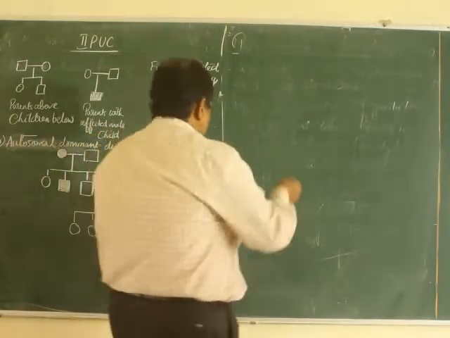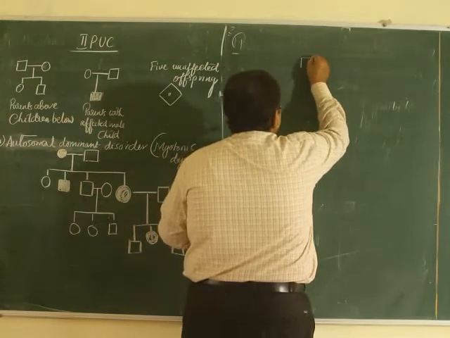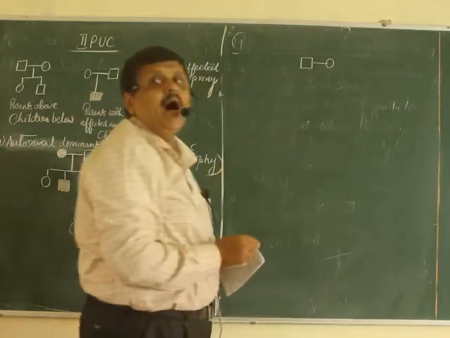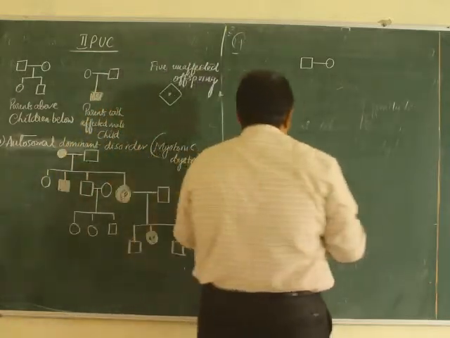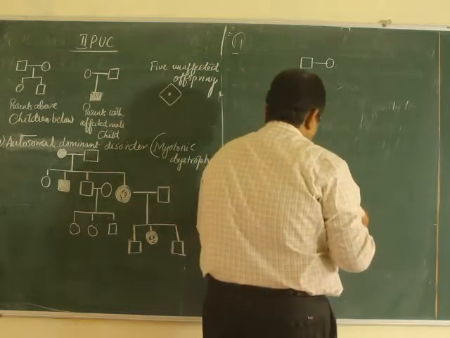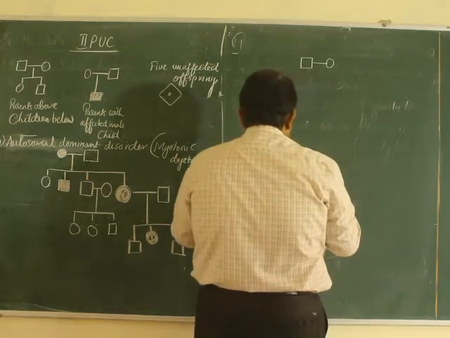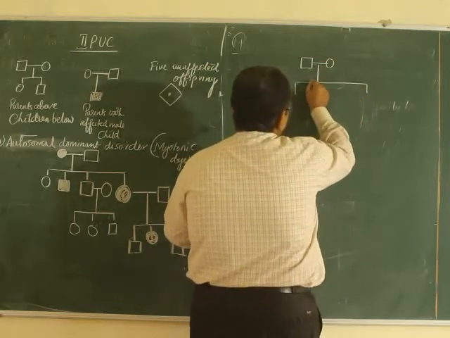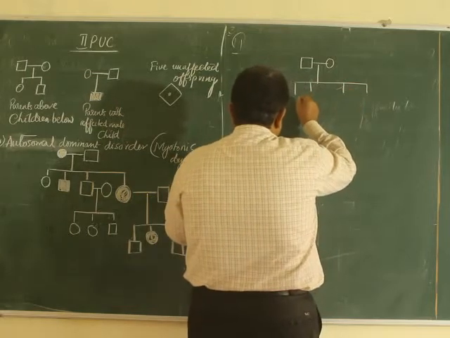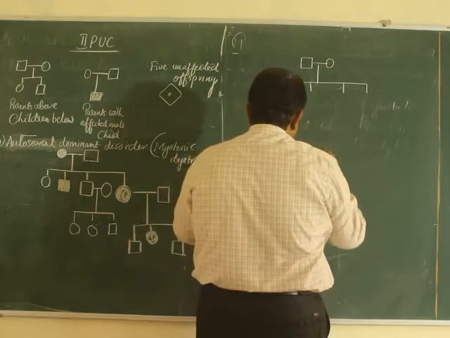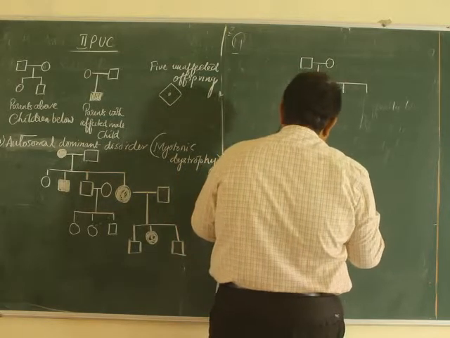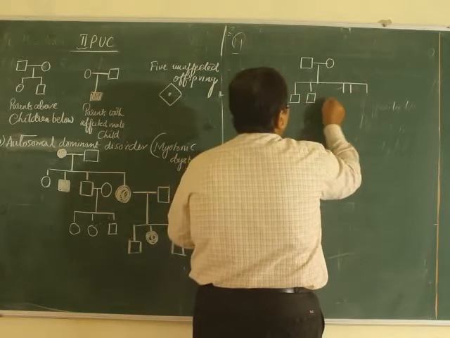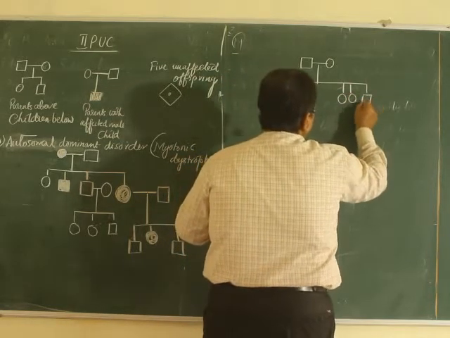Now, I'll give another pedigree chart. Both male and female are normal, and they are going to have offsprings, five offsprings.